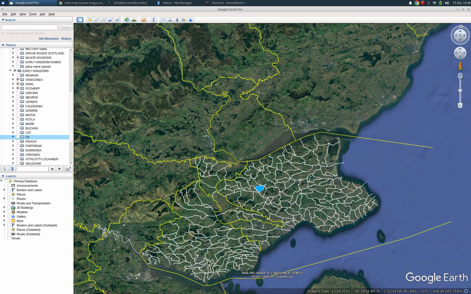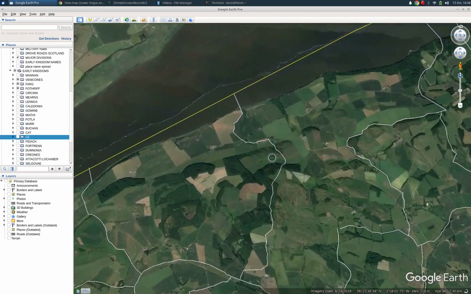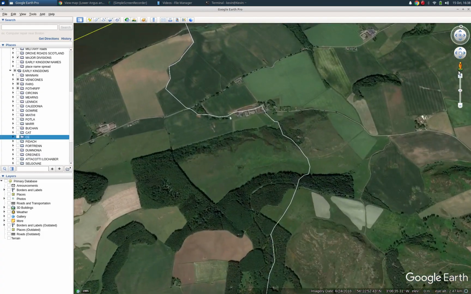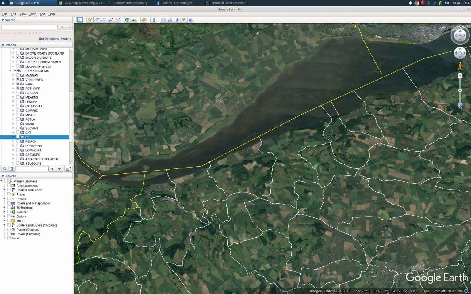But being as it may, if we zoom in on these streams, you'll see they are as accurate as the main rivers. And there's a reason why that needs to be, because once you actually start to plot information on here, you can see that these streams invariably are the boundaries of parishes, estates, baronies, and even place name collections, which I don't think we should be too surprised at.